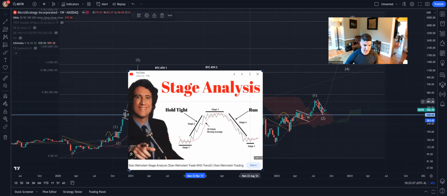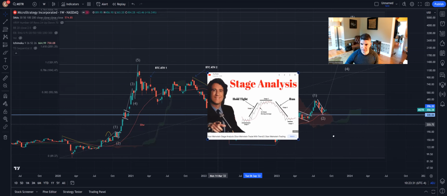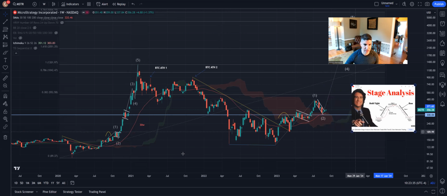Let me remind you, that's the framework I'm using from a probability standpoint. If we go back to MicroStrategy's previous major impulse, let me zoom in on this for you a little bit.